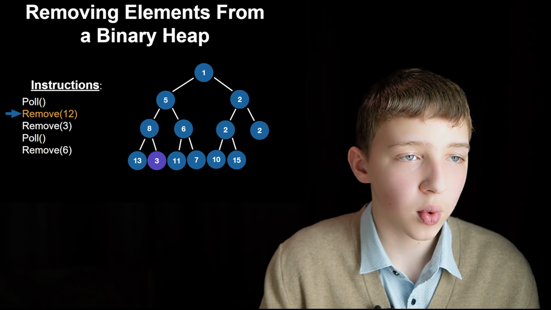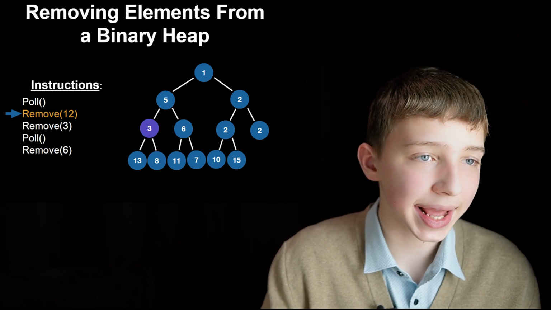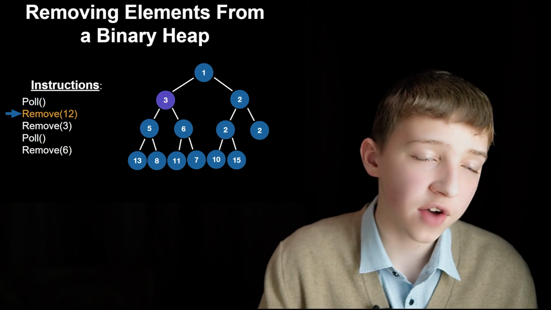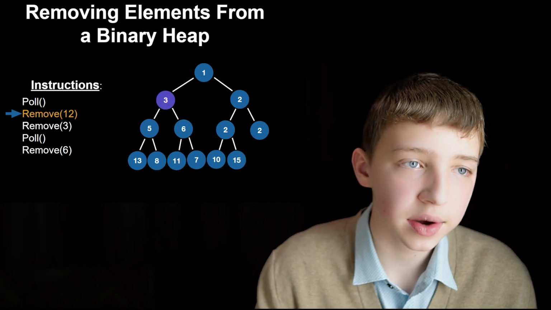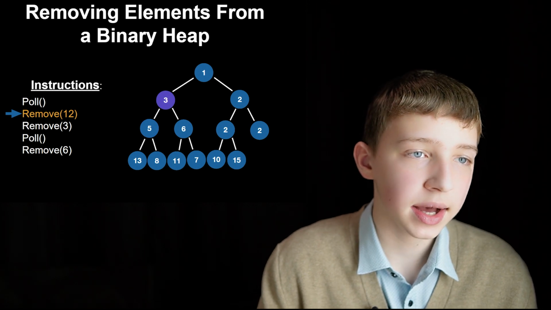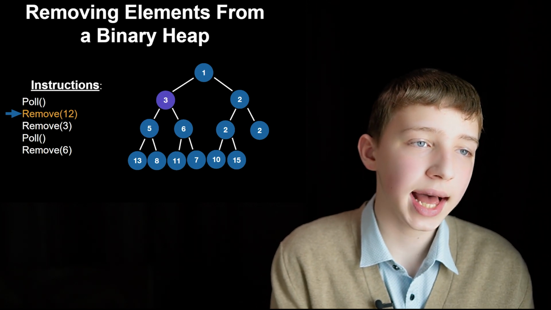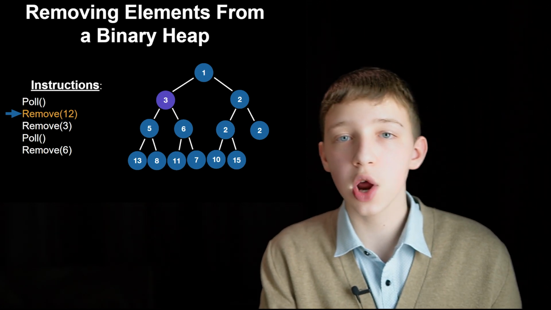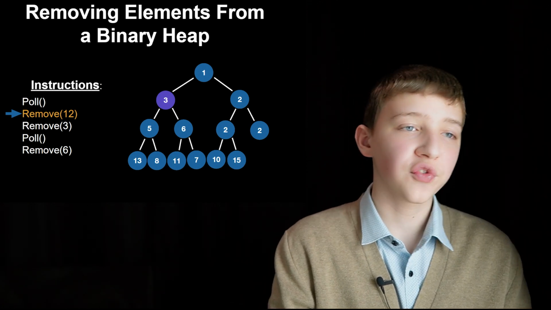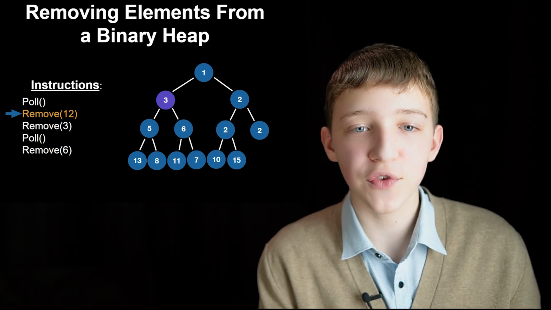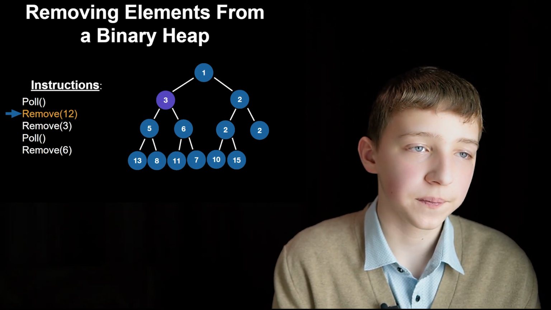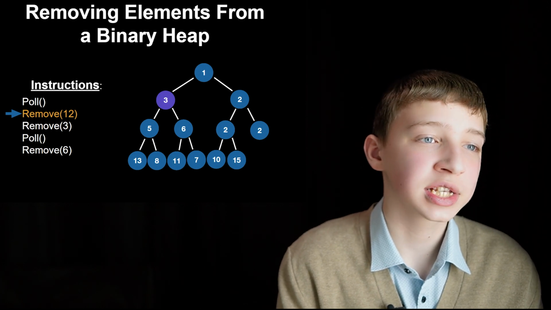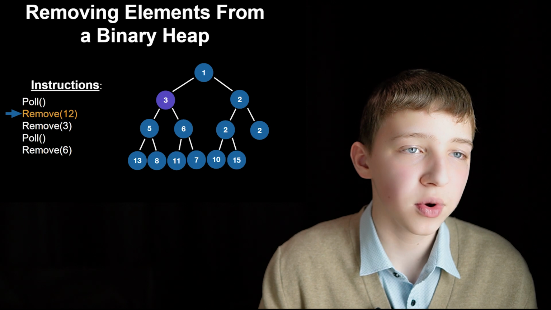So we'll swap 3 and 8, and then we swap 5 and 8 because 5 is also greater than 3, but 3 is greater than 1, and we don't swap it, and so we're not violating the heap invariant, and so this node is removed. So 12 is removed successfully.